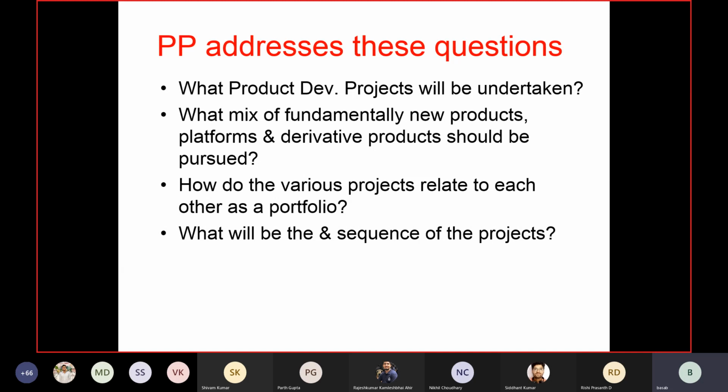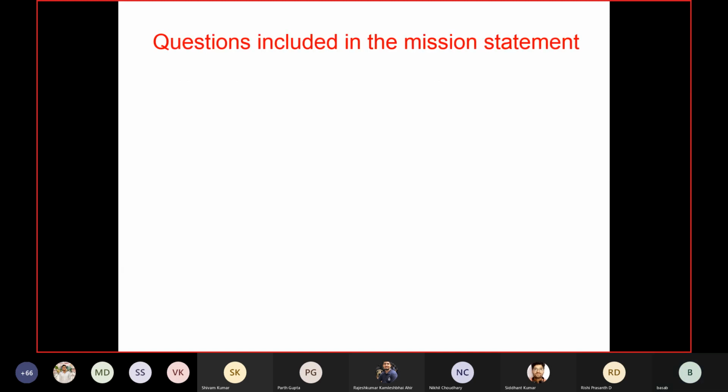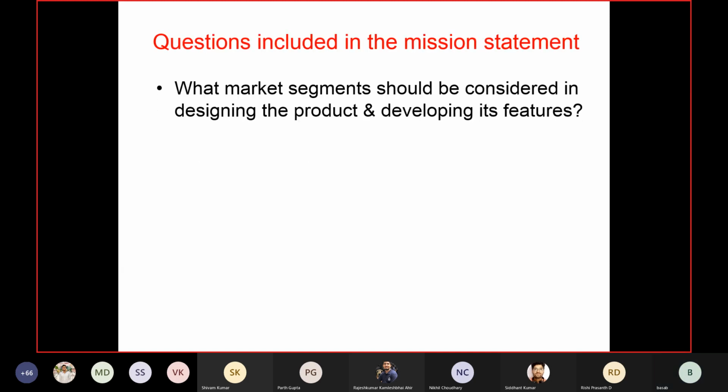Now, each of these selected projects is completed by whatever team has been assigned for that particular product development. And before you start the product development, that is from the next step after product planning, the team should know the mission.